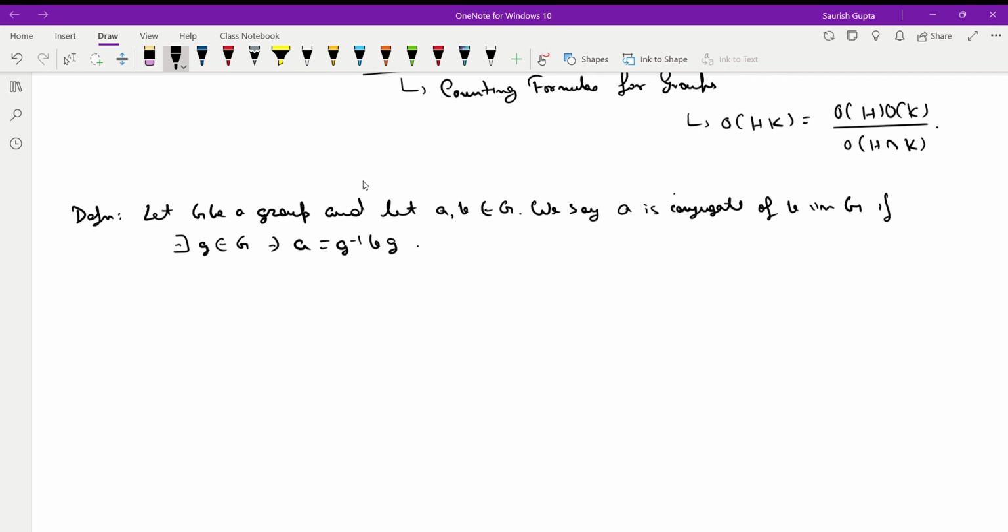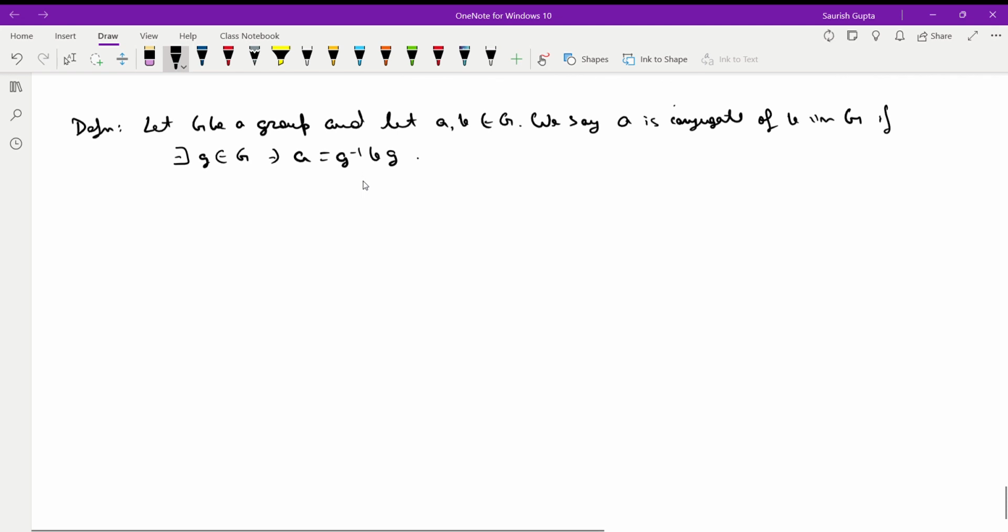Clear? So that's the precise definition. A simple observation which directly comes out from this definition, number one, is that if we can write A as g inverse B g for some g in capital G, then we can also write B as g A g inverse, by specific left and right multiplications.